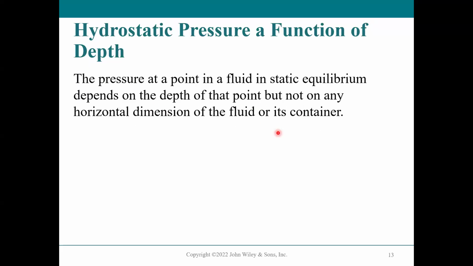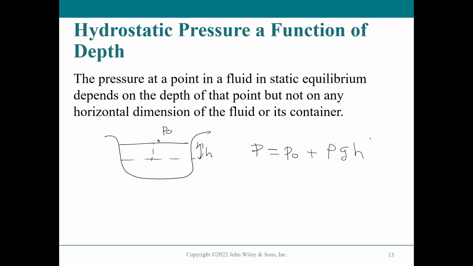It means that if we can calculate P here, for example, we have P0 and then the depth of H. So we can calculate the total as P0 plus rho GH.